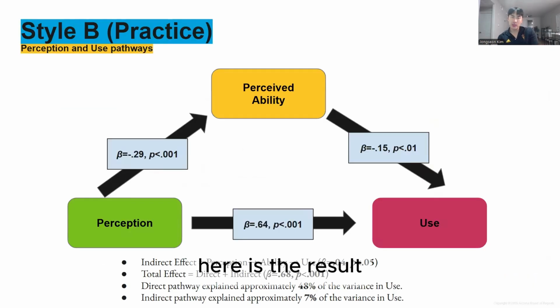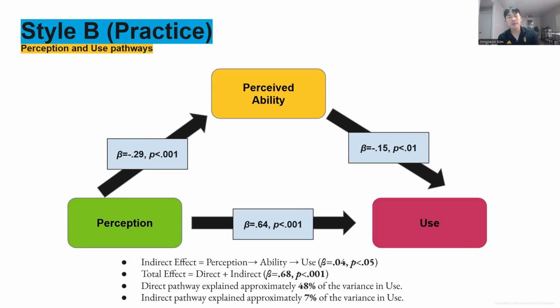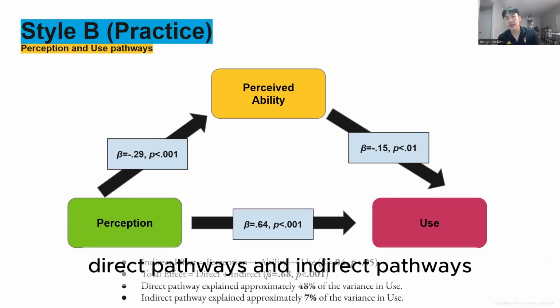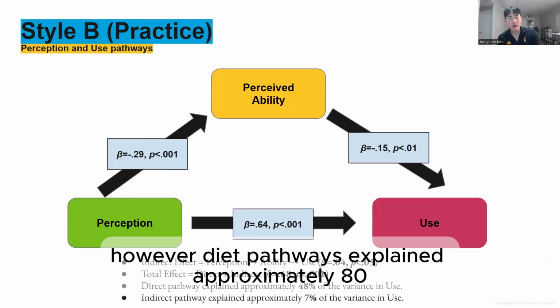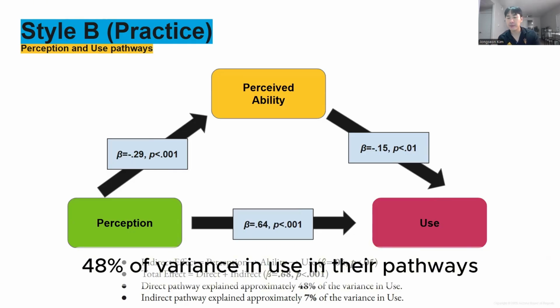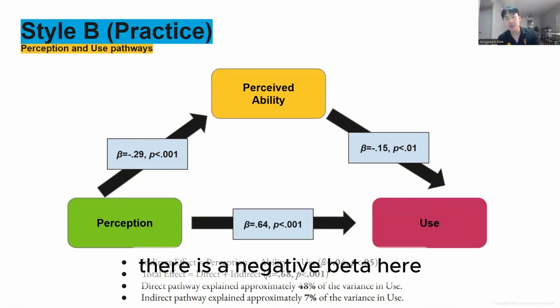Here is the result. Here are the statistics. About teaching style B, direct pathways and indirect pathways are both significant. However, direct pathways explained approximately 48% of variance in use. Indirect pathways explain approximately 7% of variance in use. However, as you can see, there is a negative beta here.